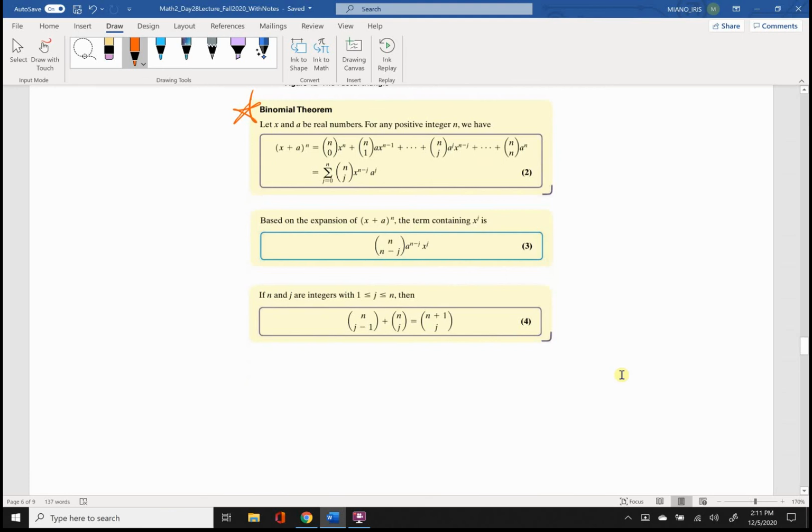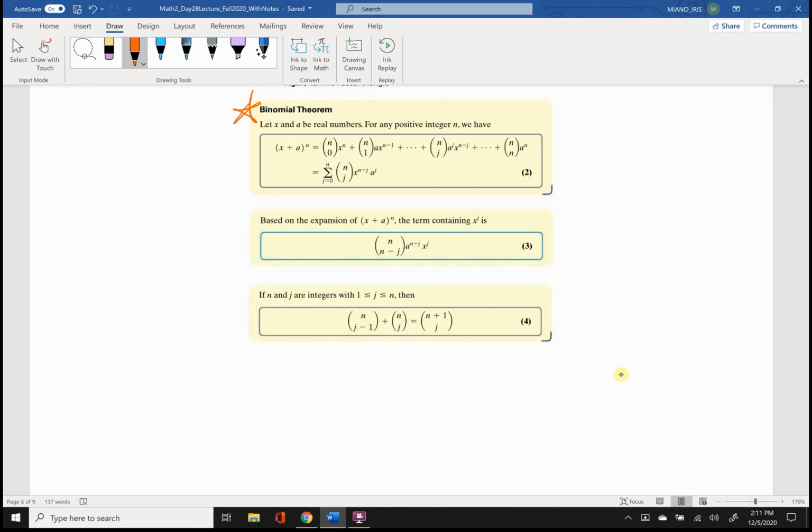Then the textbook offers you a couple of other things to consider, okay? This one's going to be particularly helpful for a couple of examples that we will take into account, which is to find, if you just want to find the term containing a particular x component, you could just use this piece right here.